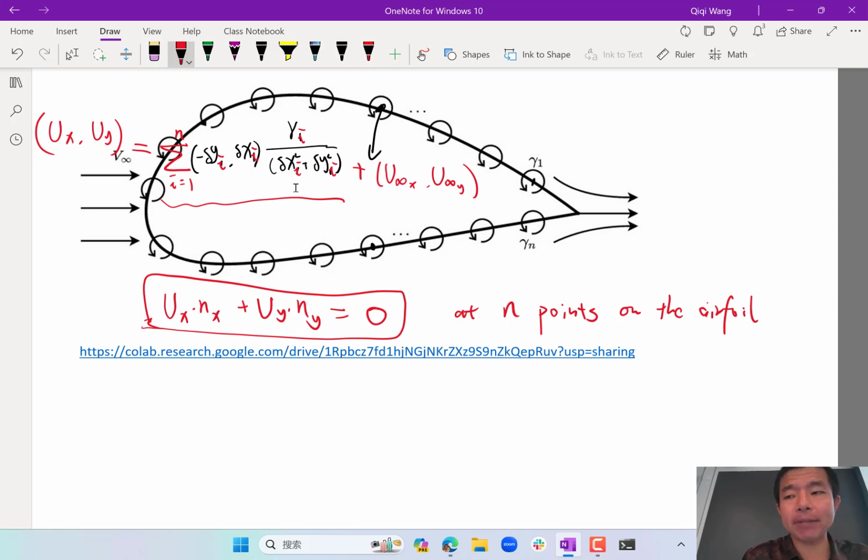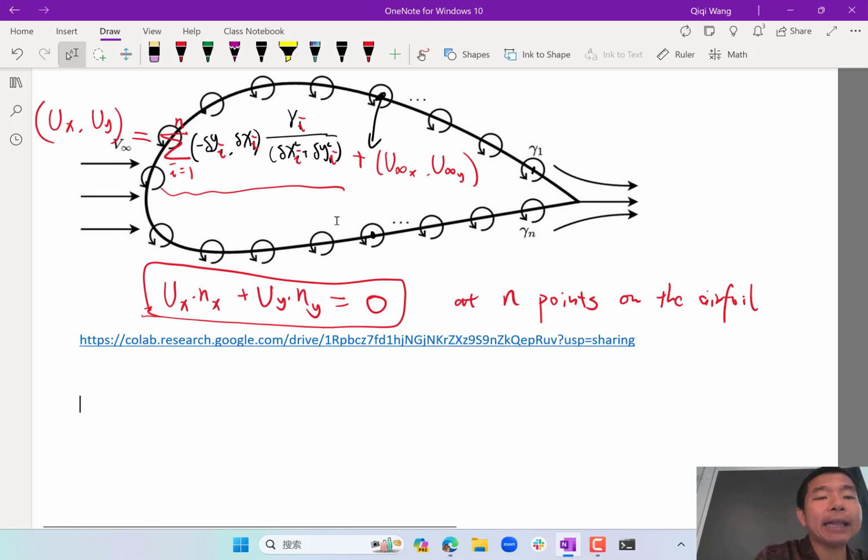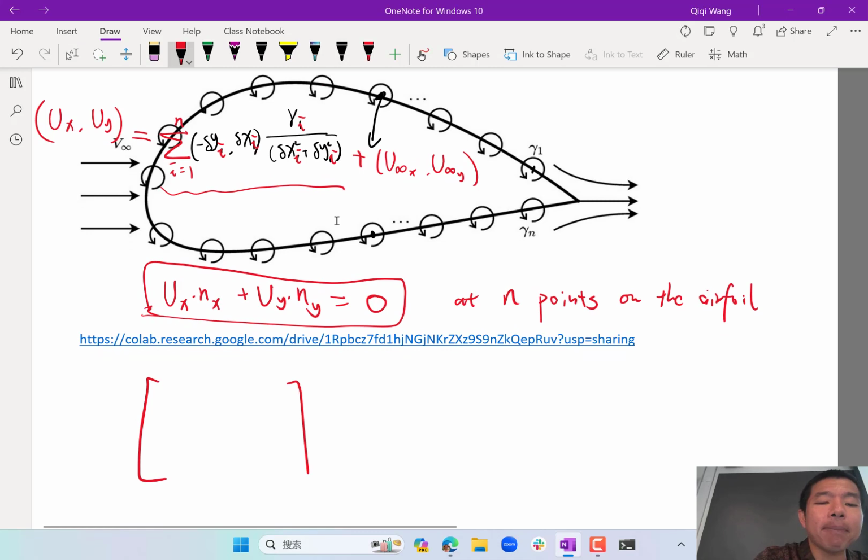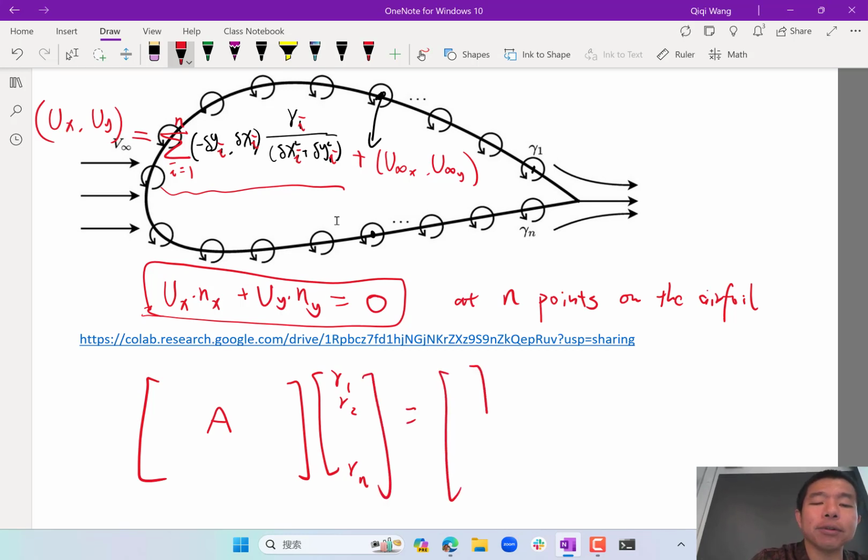You can express this as 3n unknowns with 3 different sets of equations, but it's just easier to express it as n unknowns and n equations, because the relationship between the velocity and the gammas can be analytically written out. Right, good point. So at the end, what I want is a matrix A times the gammas, gamma 1, gamma 2, all the way to gamma n, equal to a right-hand side.